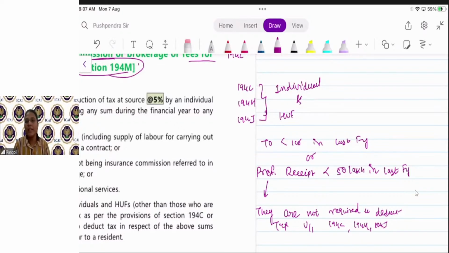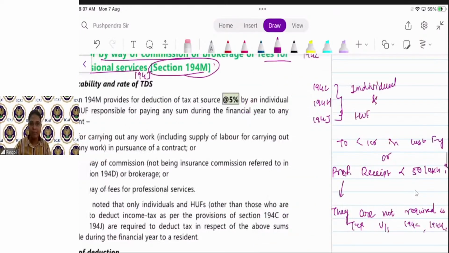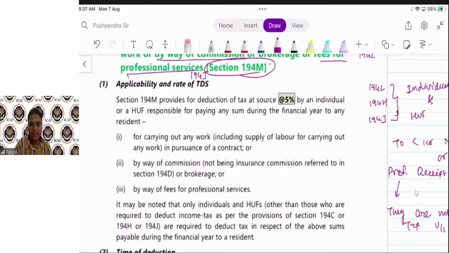So those individual or HUF who is not required to deduct TDS under section 194C for contract, 194H for commission, and 194J for fees for technical service, and if they are making payment for these three services aggregately or independently more than 50 lakh rupees, then they need to deduct TDS under section 194M at the rate of 5%.